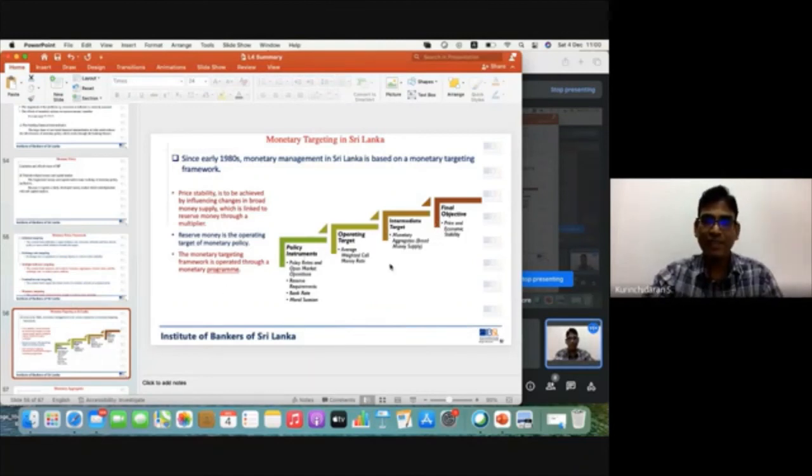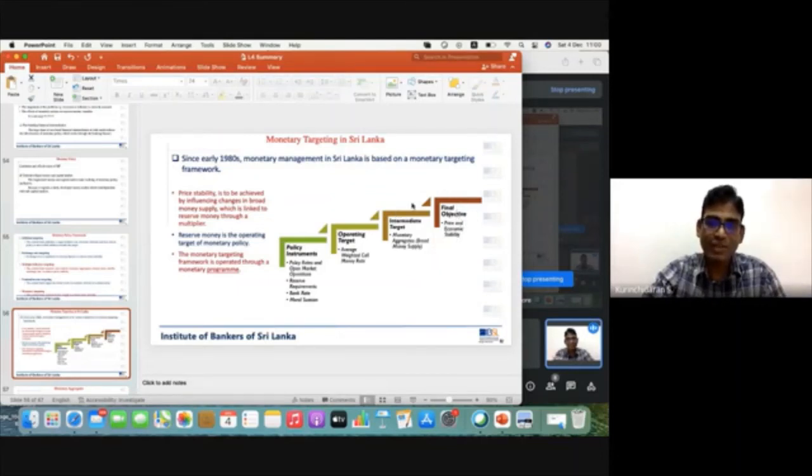framework, right? As I said, the final objective, that's the central bank objective. What is that? Price and economic stability. To achieve this price and economic stability, the central bank fixed, it is the ultimate target, the final objective.